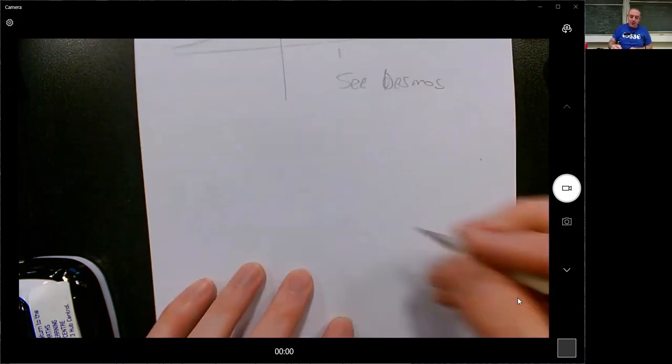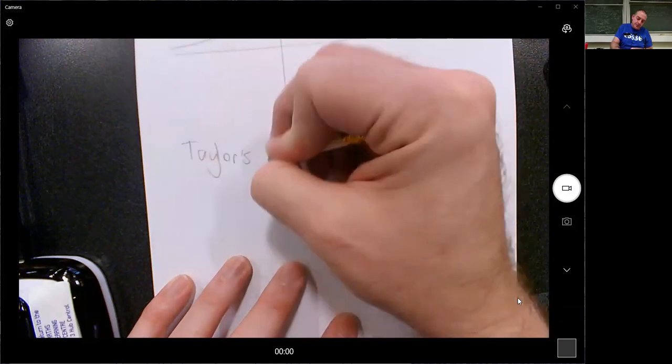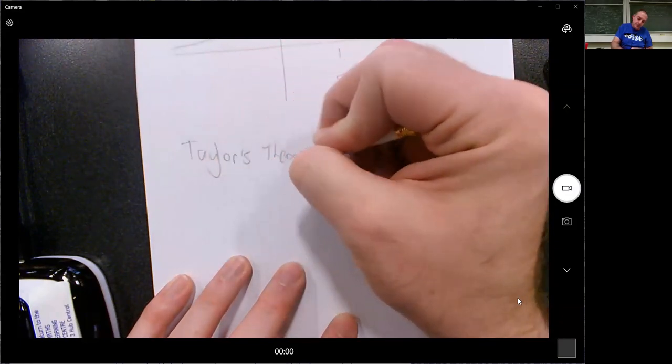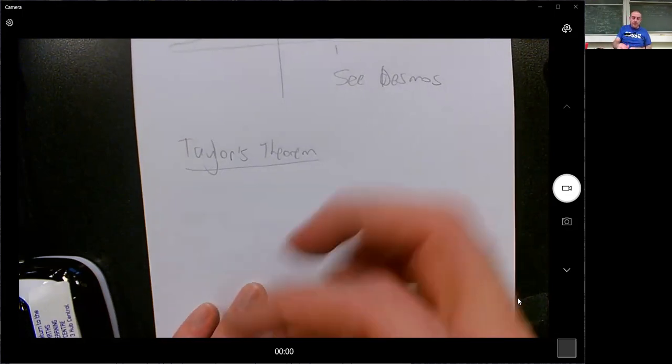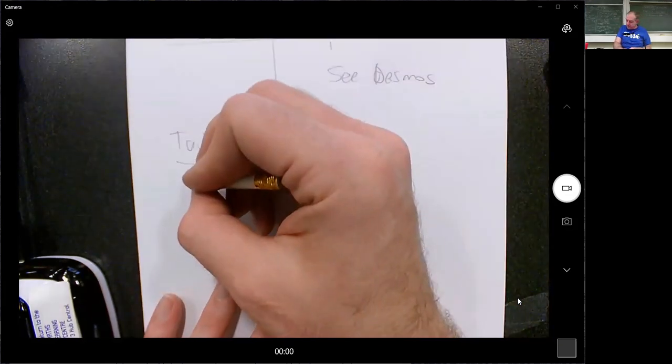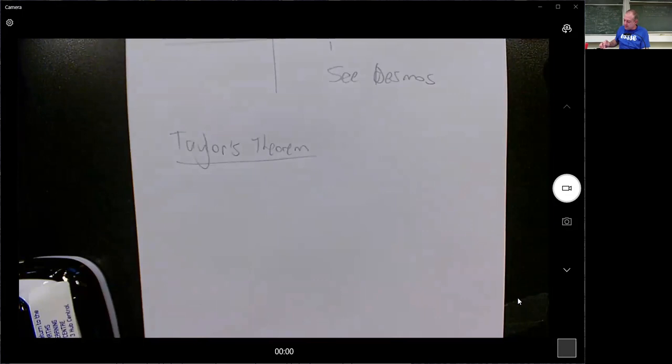Okay, so there's a theorem, it's called Taylor's theorem. And Taylor's theorem says, and I just want to copy it exactly from the notes. Taylor's theorem says that as long as your function has, you can actually calculate all the derivatives involved.